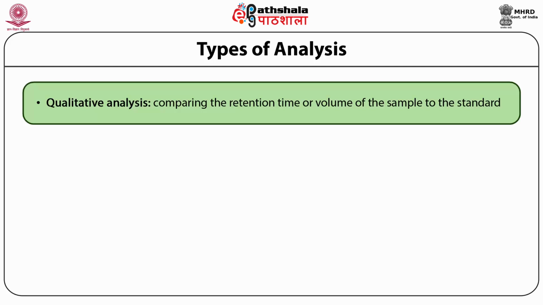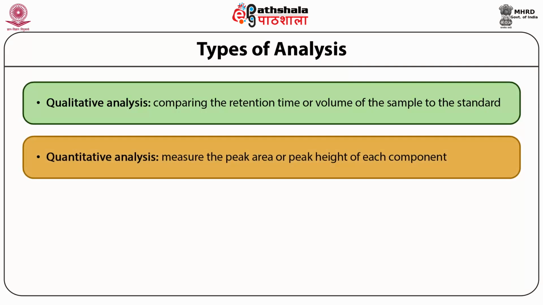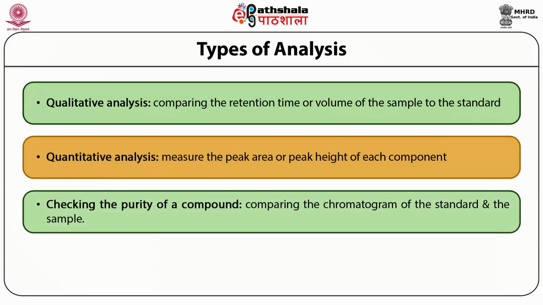Retention volume is defined as the volume of gas required to elute about half of the solute through the column. For quantitative analysis, we should measure the peak area or peak height of each component. The purity of a compound can be checked by comparing the chromatogram of the standard and the sample.